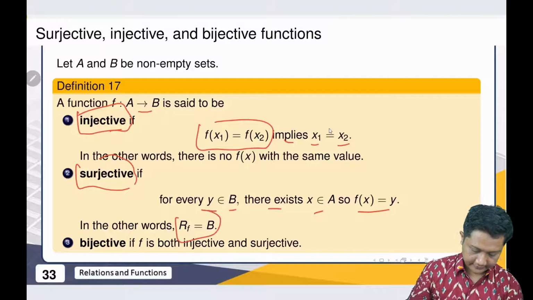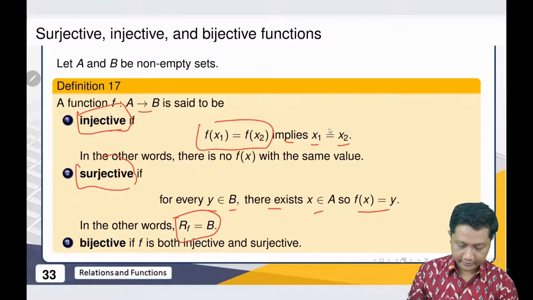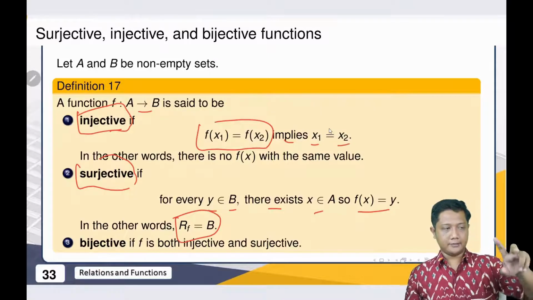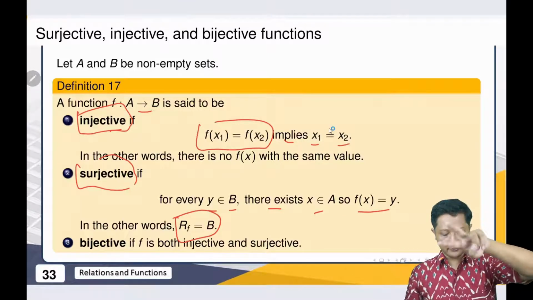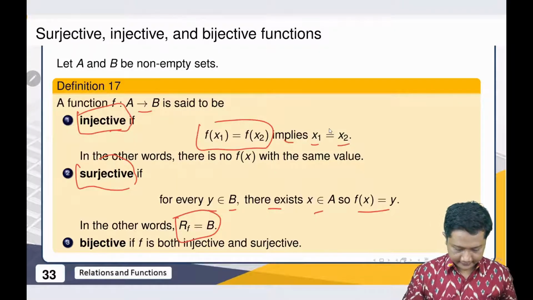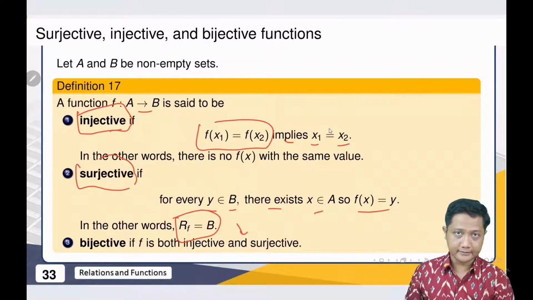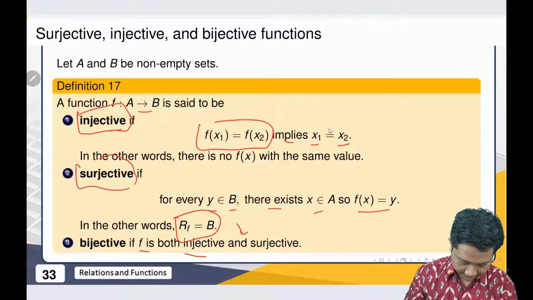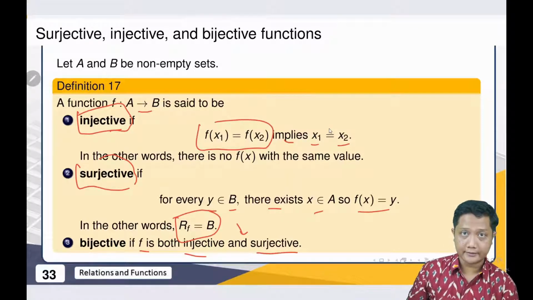That means the range of f is equal to B. When both conditions are satisfied, it is bijective. So f is bijective if it is both injective and surjective.